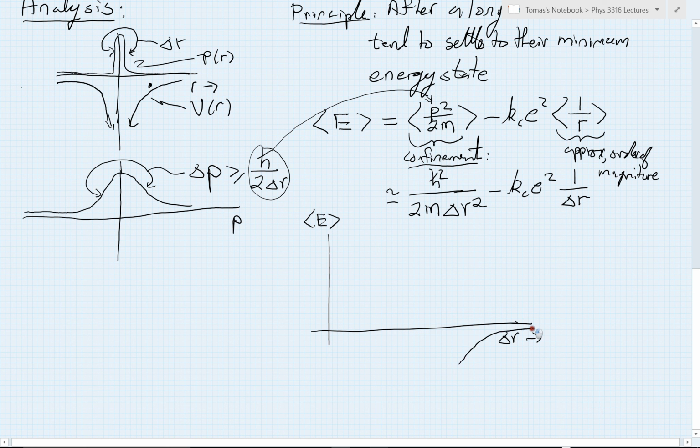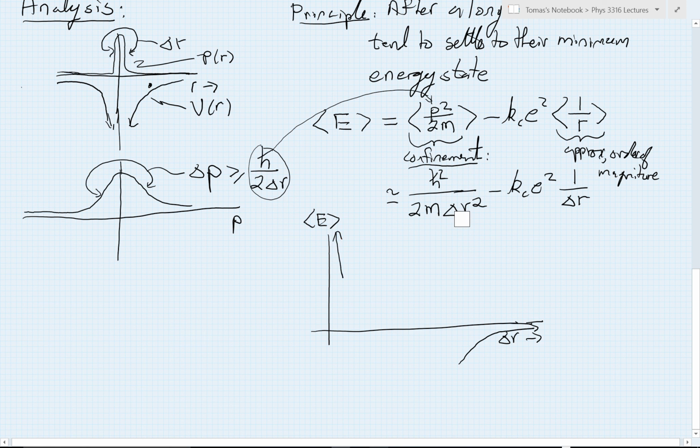So it's going to look something like this. And this term is doing exactly what the potential would want us to do. It's saying to minimize my energy, I want to make delta R as small as possible. But when delta R gets very small, near 0, this term becomes much larger than the second term. So I'm dominated by this positive term, which actually diverges up towards positive infinity.